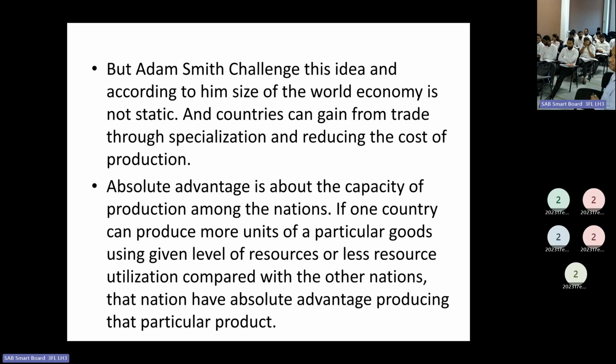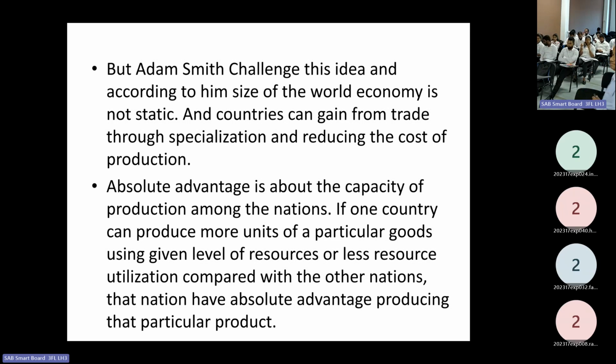using the given level of resources, or with less resource utilization, compared with the other nations. That nation has the absolute advantage. If we can produce at a lower cost compared with the other nations by using the resources in their optimal manner, that country has the absolute advantage.